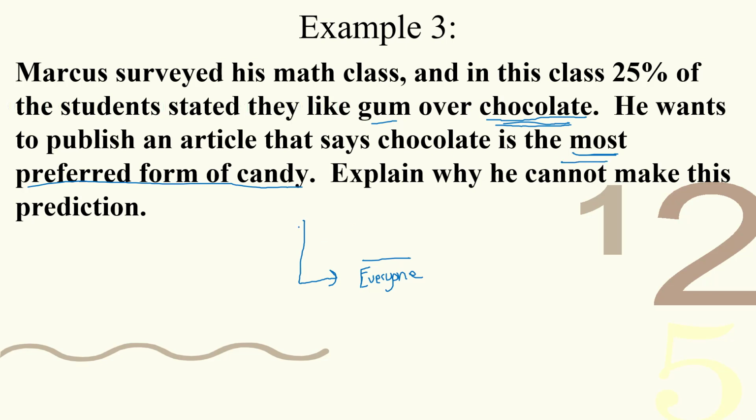But we're going to stick more predominantly to this one so that we can say that the sample is not representative of the population, because we said the population was everybody.